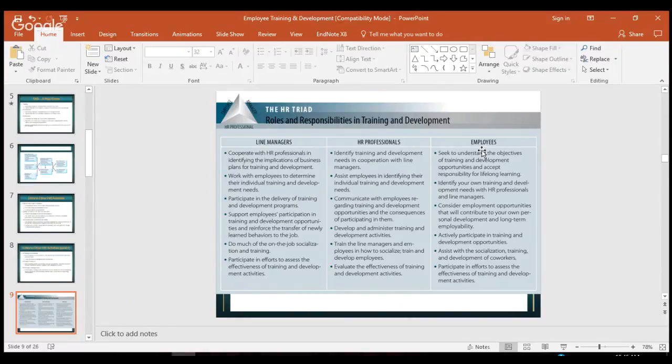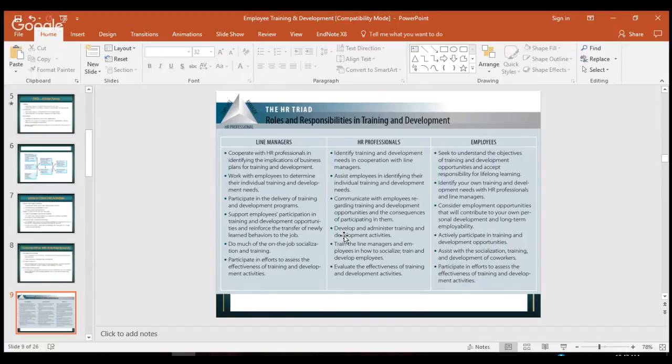Now, critically, what's the role of our HR colleagues in the entire training development process? One, and critically, identify training development needs in cooperation with line managers. Second, assist employees in developing their individual training and development needs. Third, communicate with employees regarding opportunities that may exist within the organization, at professional associations, at local universities.